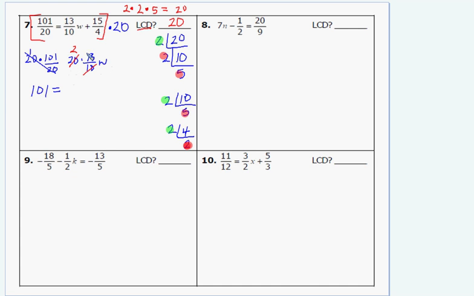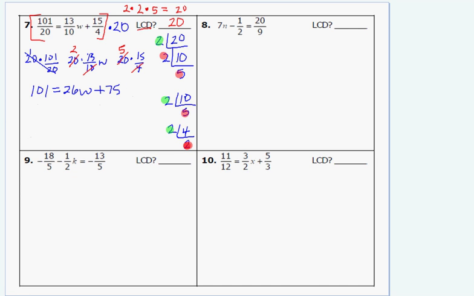And so I continue. 2 times 13 would give me 26W. Last but not least, we're going to take 20 times 15 over 4. And our denominator will cancel. 4 goes into 20 5 times. And 5 times 15 is going to leave us with 75.